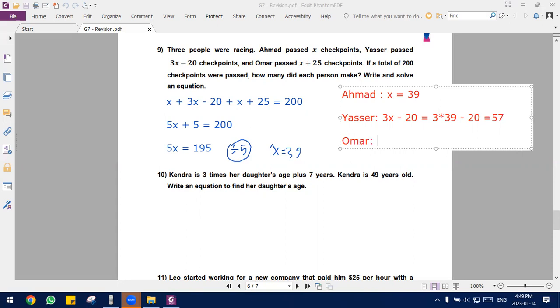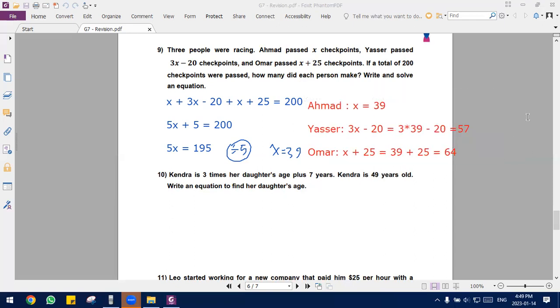He passed x plus 25 checkpoints. Now x is 39 plus 25, and it's equal to 64. So Ahmed 39 checkpoints, Yasser 57 checkpoints, and Omar 64 checkpoints.